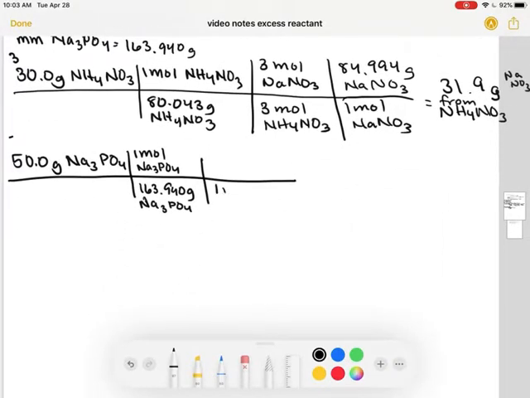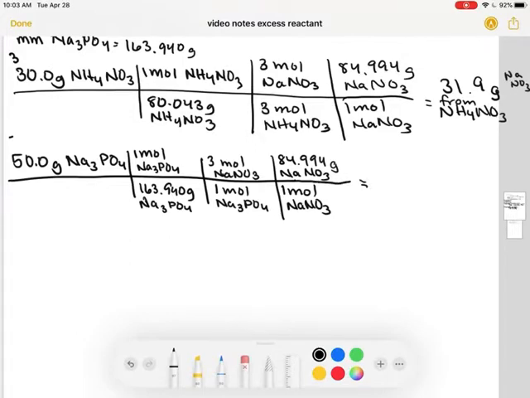So for every 1 mole of Na3PO4, we get 3 moles of sodium nitrate. And for every 1 mole of sodium nitrate, we get 84.994 grams of sodium nitrate.